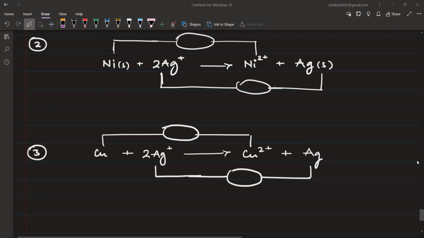Okay, fine. So here we have copper, and it is getting converted to Cu2 positive. Did it gain electrons? It lost electrons. Sorry, I made a mistake. You understand it now, right? Okay, fine.